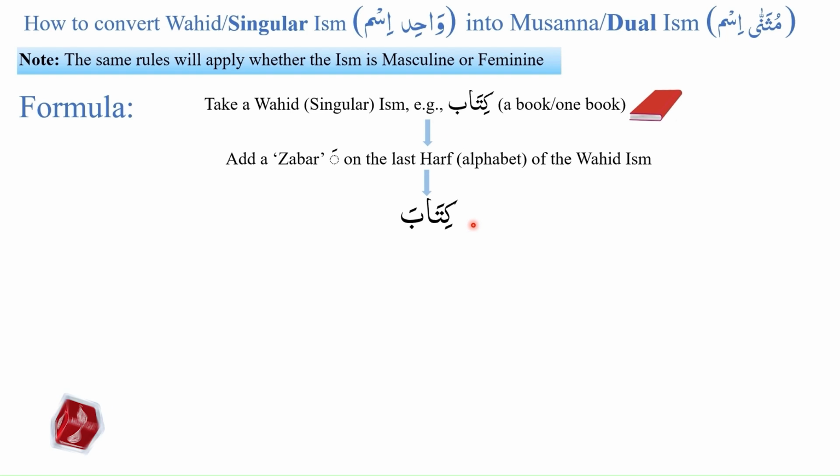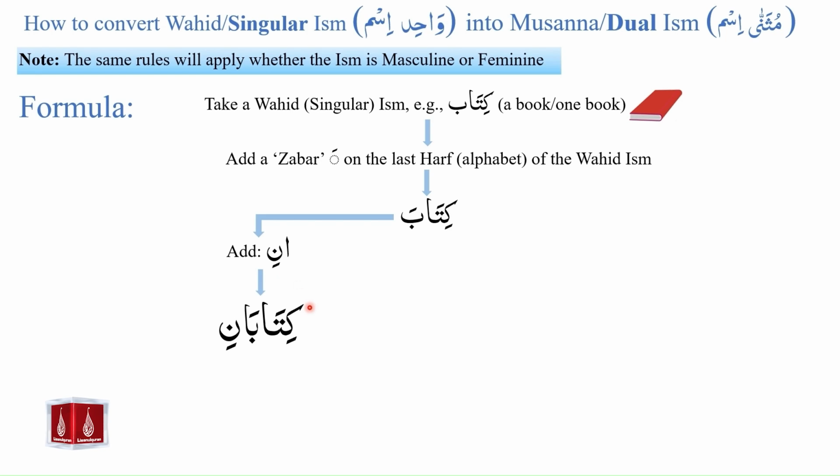The next step will be to either add an alif followed by noon zair, where we will get the final word kitabani, or we will take kitab, add a zabar on the last harf, and then add ya followed by noon zair, where we will end up with the final word kitabaini.